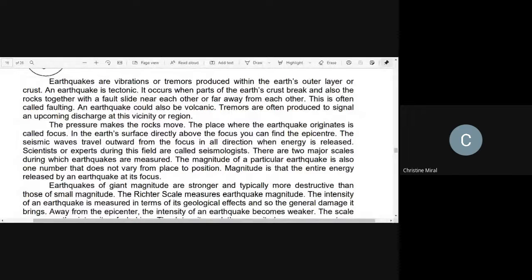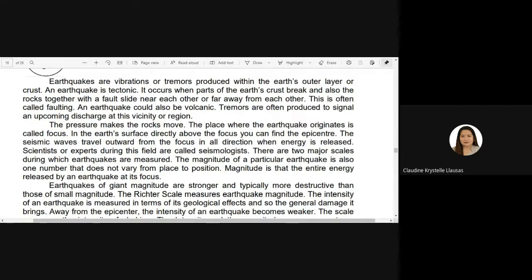Scientists or experts in this field are called seismologists. There are two major scales by which earthquakes are measured. The magnitude of a particular earthquake is one number that does not vary from place to place. Magnitude is the total energy released by an earthquake at its focus.